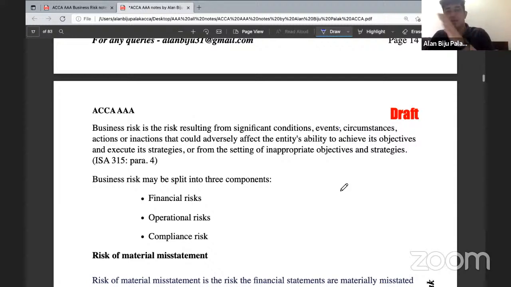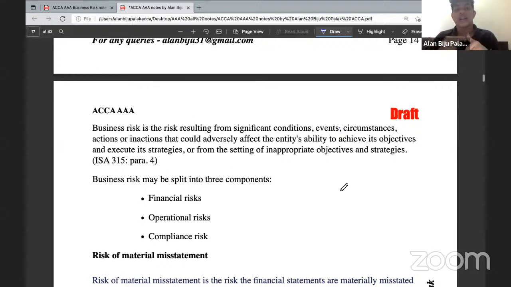Same as the inherent risk, control risk, and detection risk, which lead to audit risk, there are also three components in business risk, which are the financial risk, operational risk, and compliance risk. Talking about the financial risk, these are the situations that affect a company's financial stability. For example, the company is unable to pay debt on time, the company does not have an adequate amount of finance, the company's gearing is very high, loan amounts are not being paid on time, or the company is breaching its loan covenant.